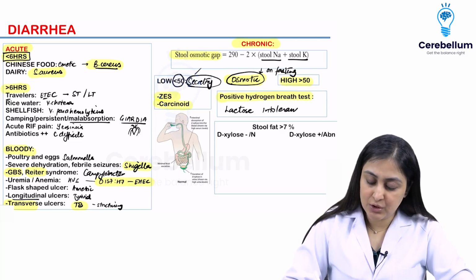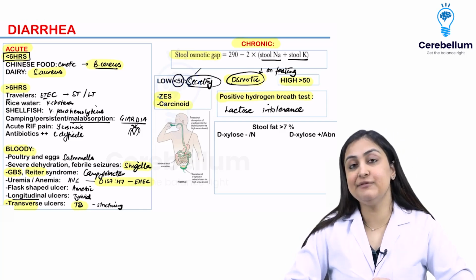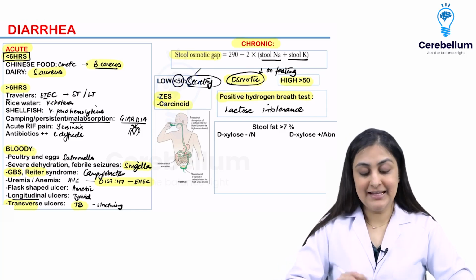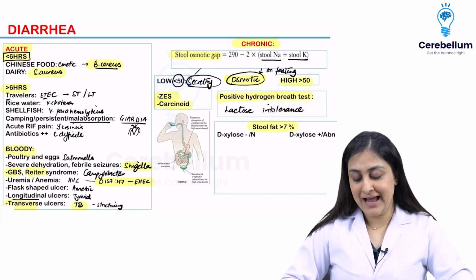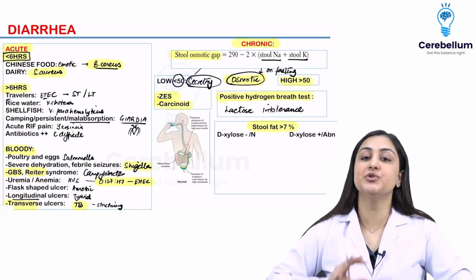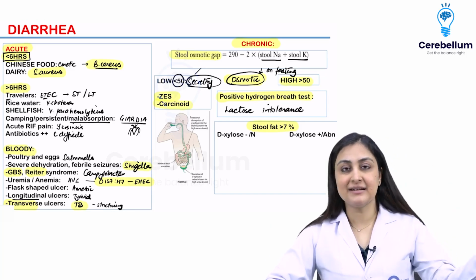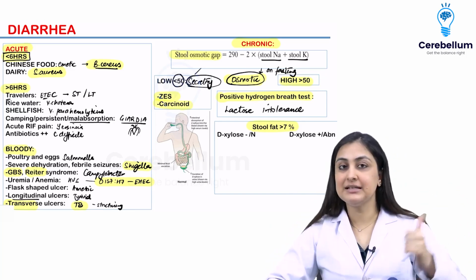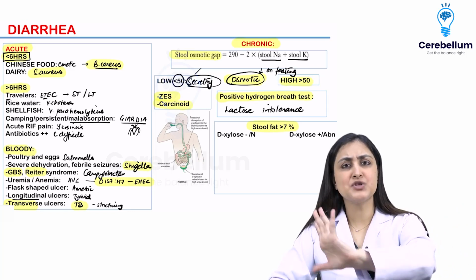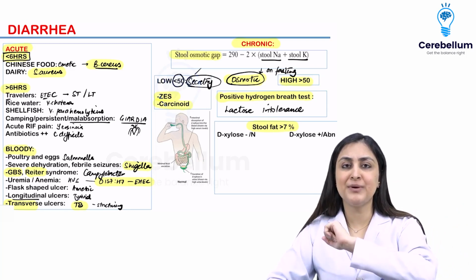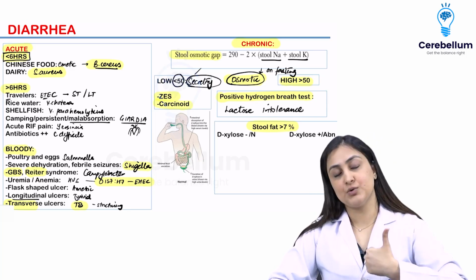Alright, so lactose intolerance would be the most important differential for osmotic diarrhea. Then if the center point is around fat malabsorption, then we go into the story of malabsorption. So are you seeing the stepwise approach? If it is secretory, you consider Zollinger-Ellison, carcinoid. If purely osmotic based history is given, hydrogen breath test being mentioned, think of lactose intolerance.